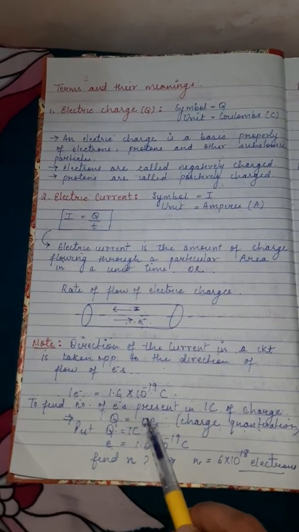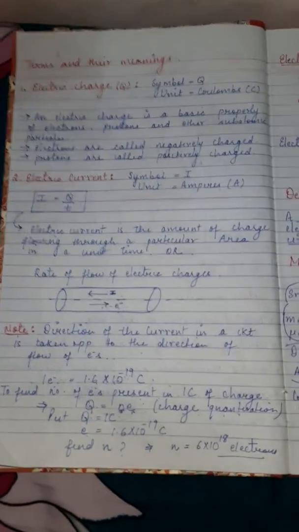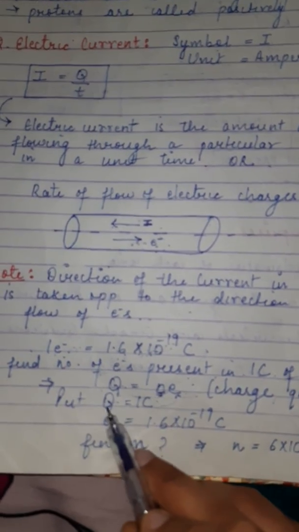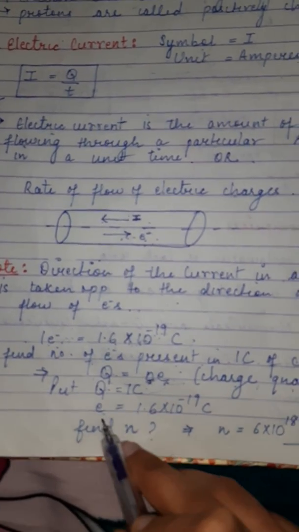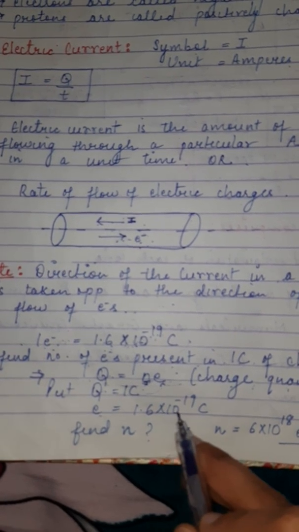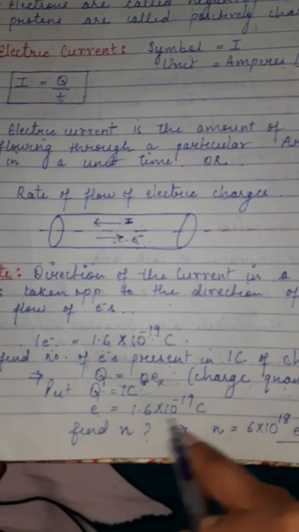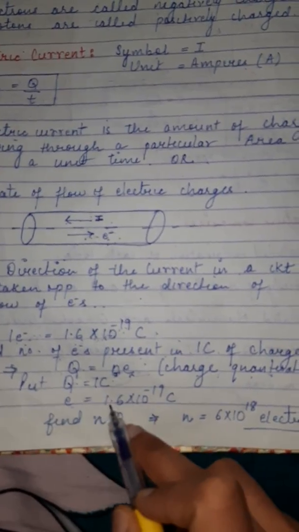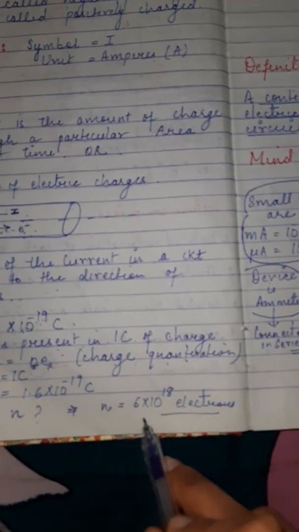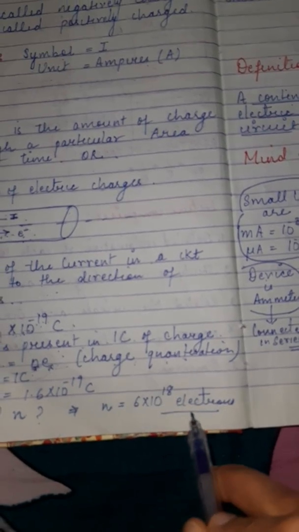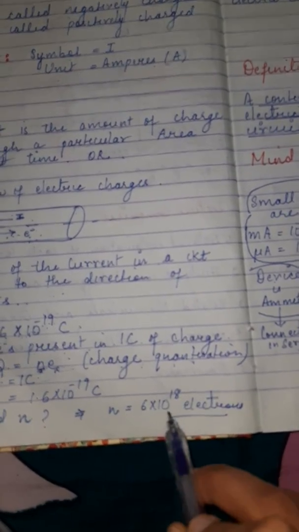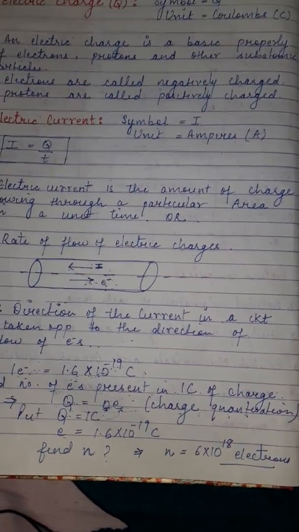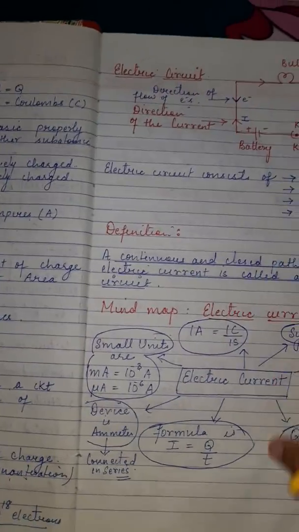So if I have to find N, which is the number of electrons, I will put Q as 1 coulomb, I will put e as 1.6 into 10 raised to the power minus 19 coulomb, and I will find N from here. After putting all the values, I will get N as 6 into 10 raised to the power 18 electrons. So these many electrons are present in 1 coulomb of charge. Right? Let's move forward.